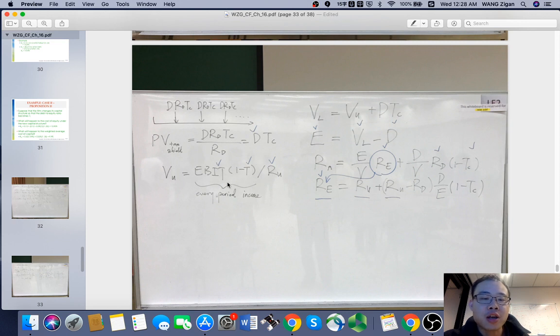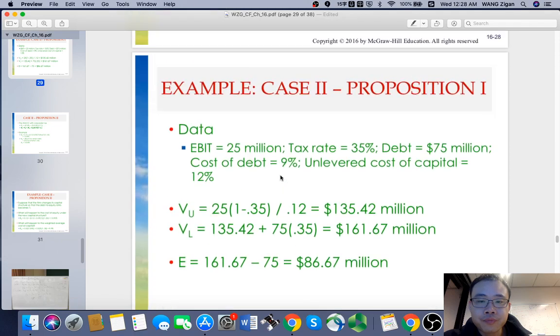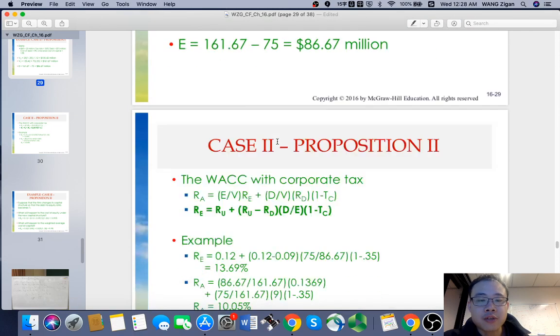Your every period's income will be this. So your unlevered firm's value will be this divided by RU. Remember that this is RU, the unlevered cost of capital, okay? It's different from the cost of capital.